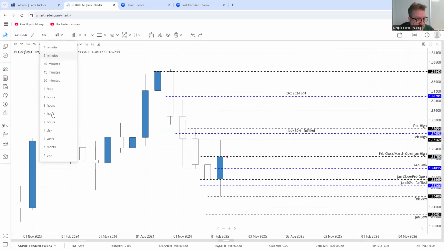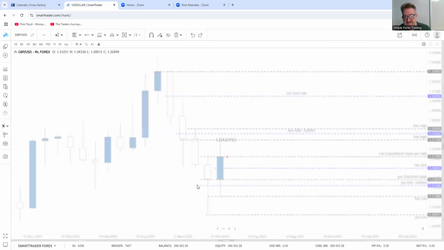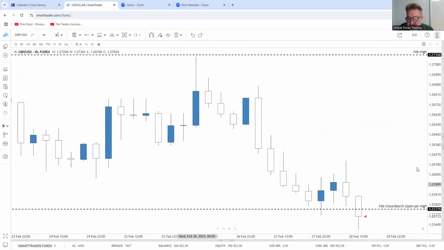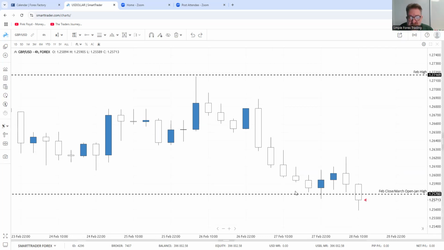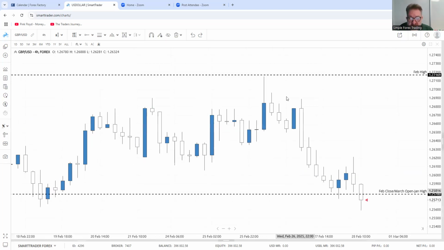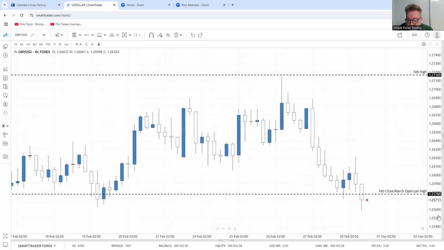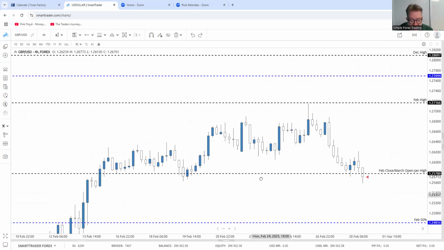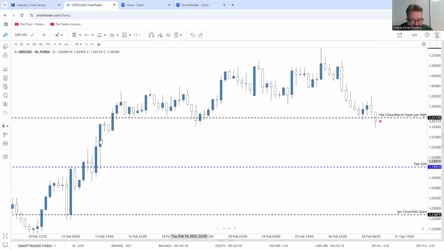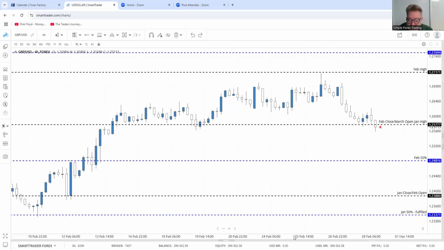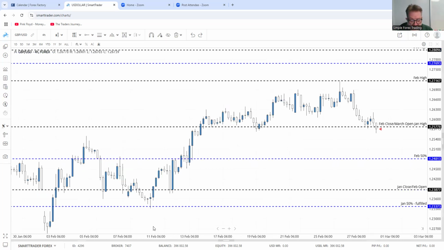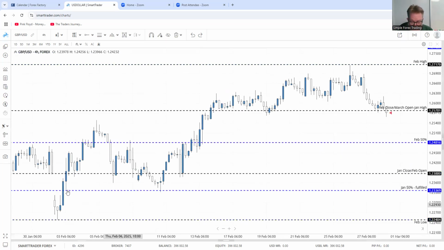So we're going to go to the 4 hour. And you can clearly see how these ranges can line up. Look at this low right here, it hit this, right? It's close, right? Look at this 50%, right?